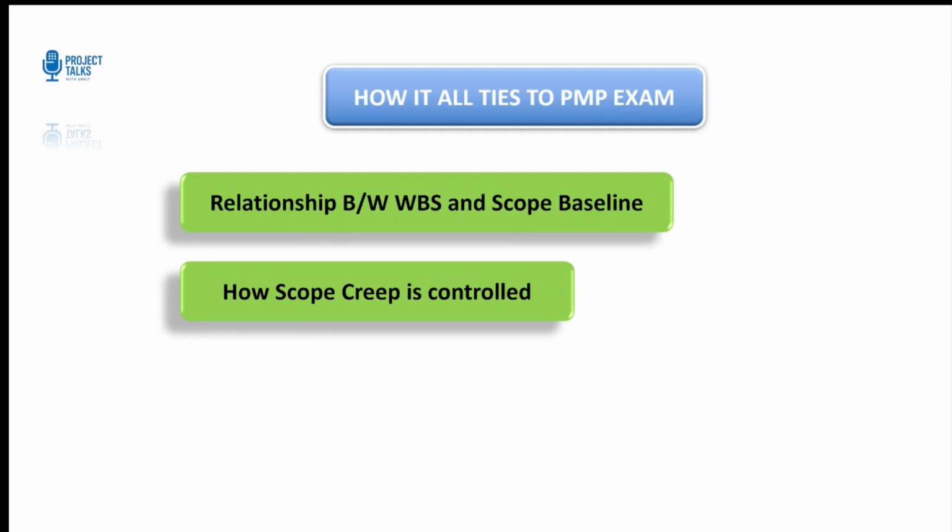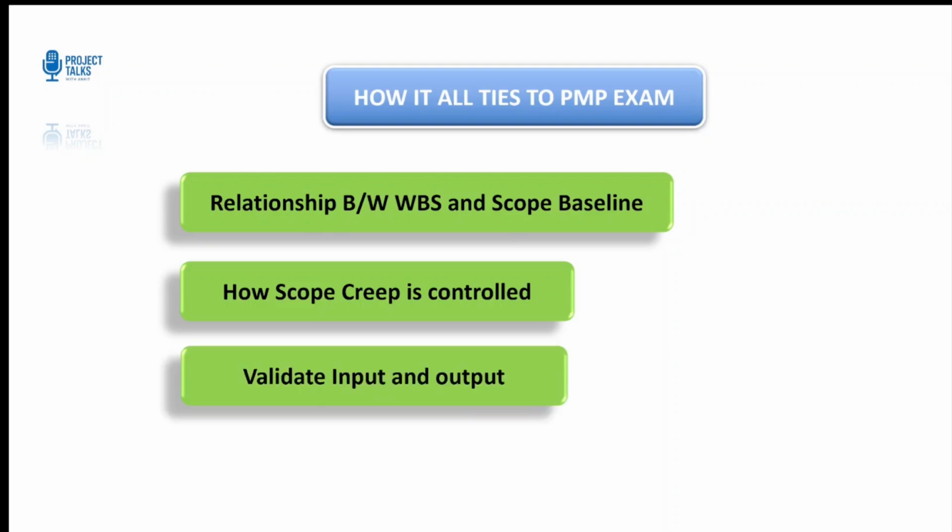The moment a stakeholder asks for something new, it goes through a change control process, not directly into your project plan. Third, be clear about the inputs and outputs of the validate scope and control scope processes. For example, a validate scope output is accepted deliverables, while control scope generates change requests when something shifts.